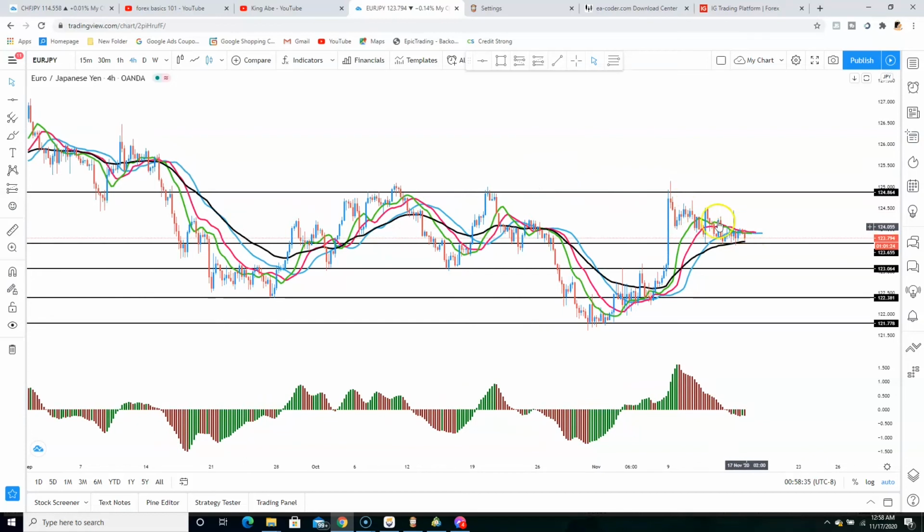So even if price decides to go the other way and closes above my resistance zone right here, because as you can see, it touched it 1, 2, 3 times right here.